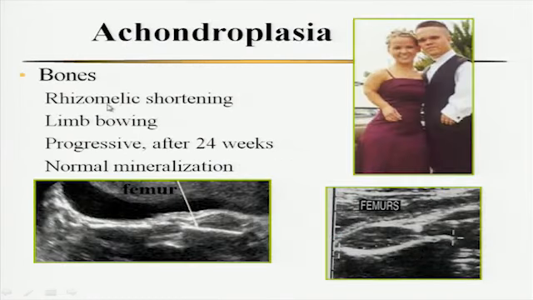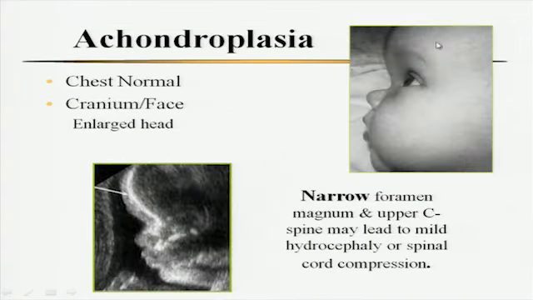So the bones, again, are going to be rhizomelic, the proximal bones are going to be shortened. You have limb bowing, and it's progressive after 24 weeks. So, in your typical depressed nasal bridge with the protruding frontal part of the skull, a narrow foramen magnum, and upper C-spine may lead to mild hydrocephalus or spinal cord compression.